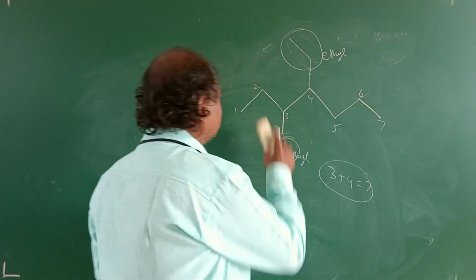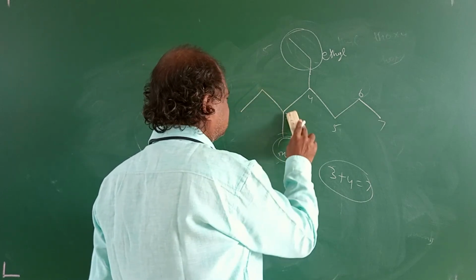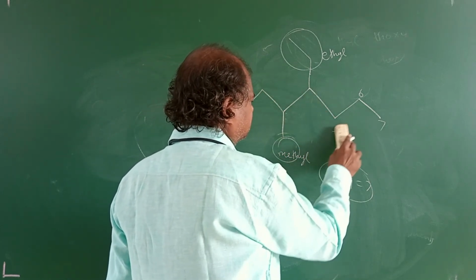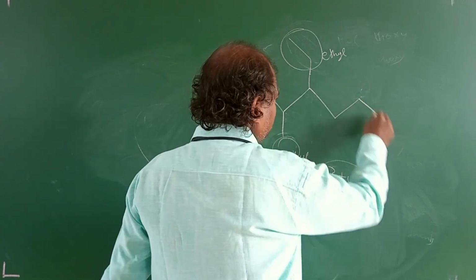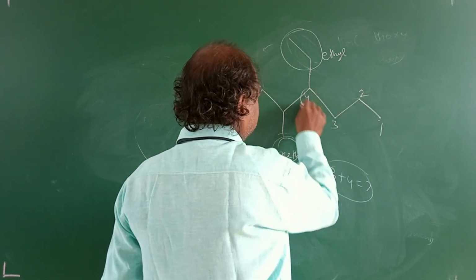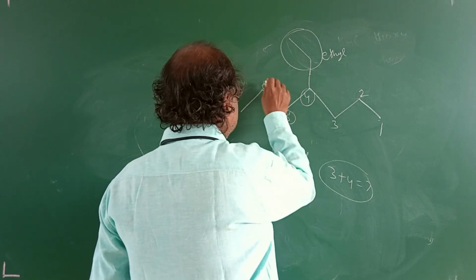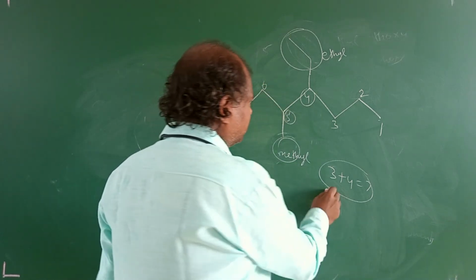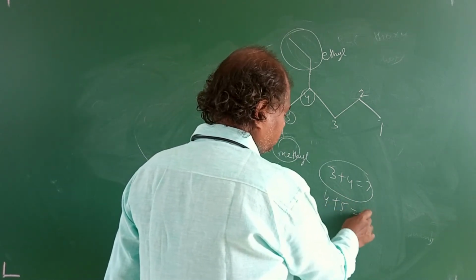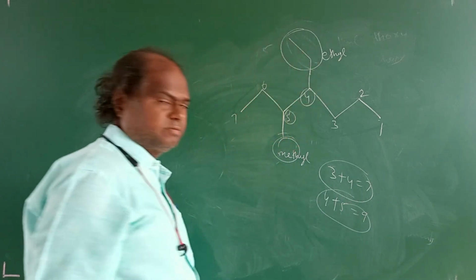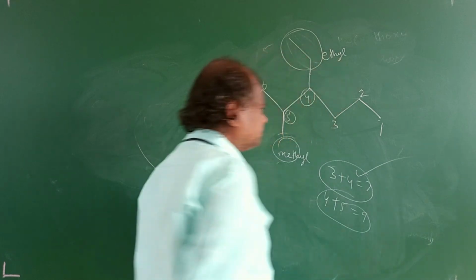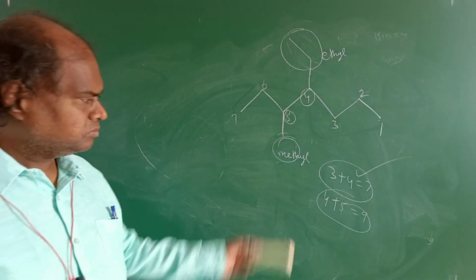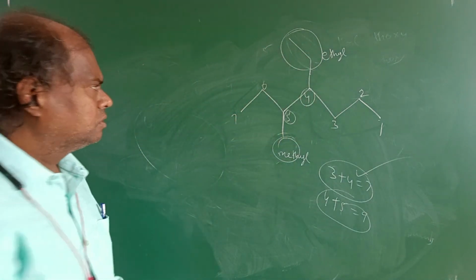Now if you do the reverse way, what is the answer you will get? Let me do the reverse way. One, two, three, four. So what is the reverse way giving you? 4 plus 5. I hope you are getting it. 9. So obviously this is correct. 3 plus 4 is 7 is correct. Less number, right?